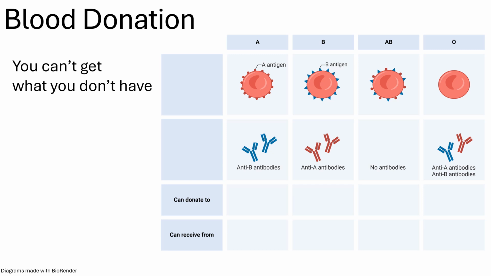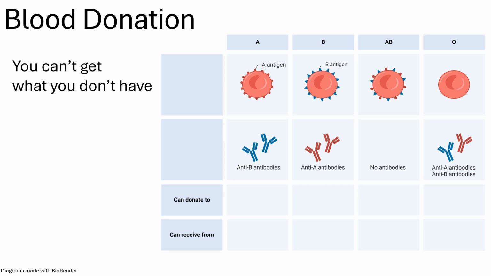In blood donation, the general rule is that you cannot get what you do not already have. Let's apply this rule to understand who you can donate to and who you can receive from. This table only considers the ABO blood group, no positives and negatives. So if you are blood type A, you cannot receive from blood type B, right?